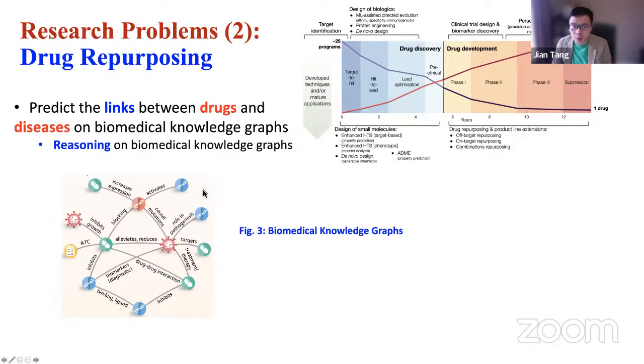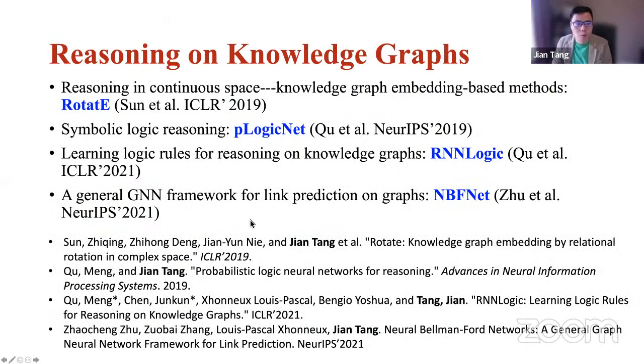So you can see that essentially we want to predict the links between the drugs and the disease. Even more fundamentally, we're trying to do reasoning on top of the biomedical knowledge graph, or essentially link prediction on any kind of knowledge graph. In my group, we have been working on a bunch of techniques for reasoning on knowledge graphs. These include more traditional methods based on knowledge graph embedding.